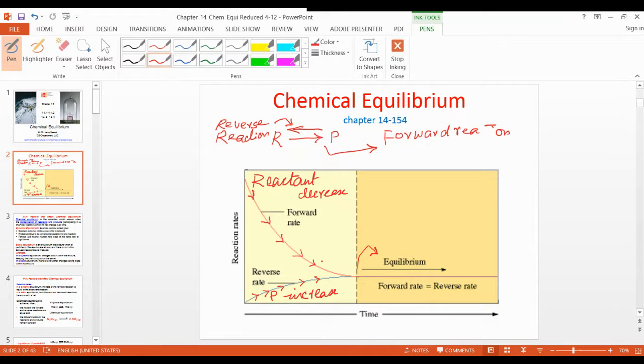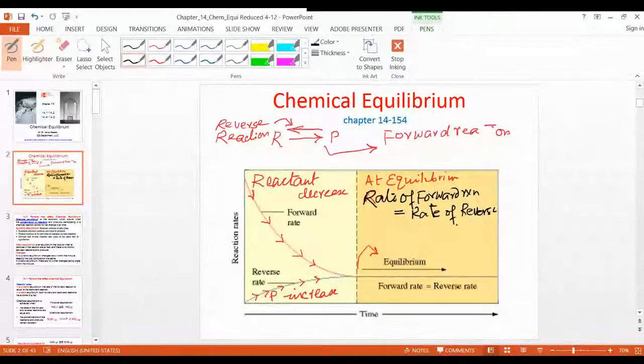At that point, number one, at equilibrium, the rate of forward reaction is equal to rate of reverse or backward reaction.